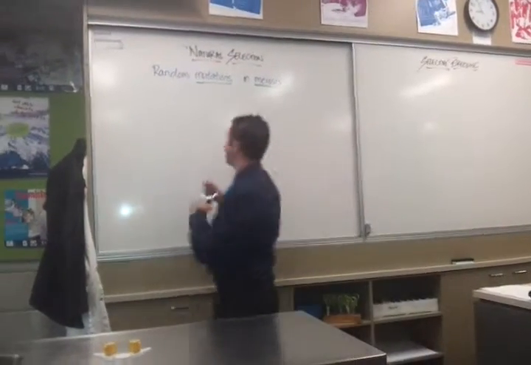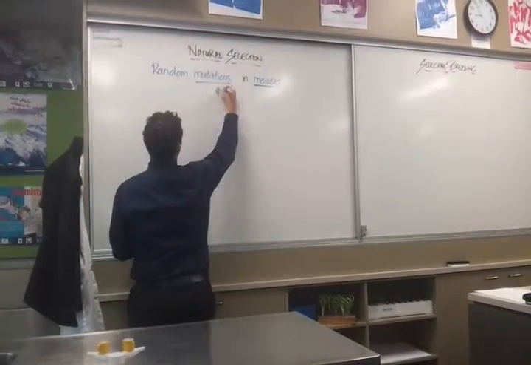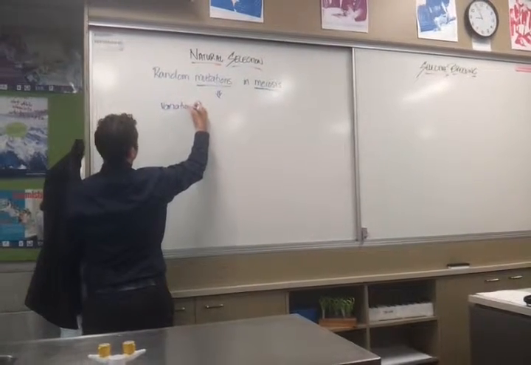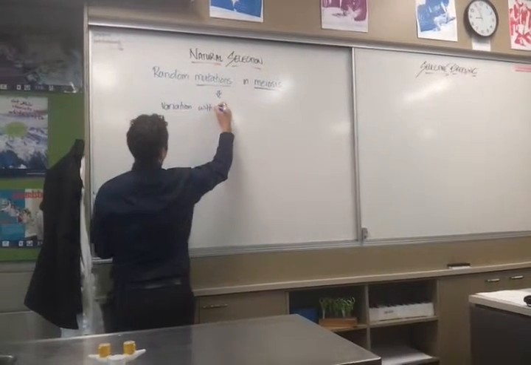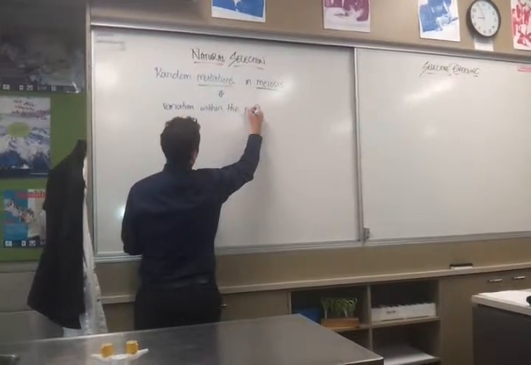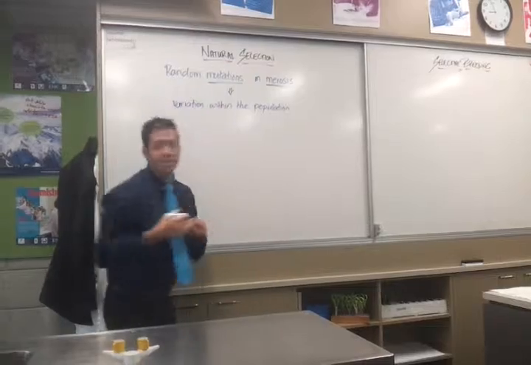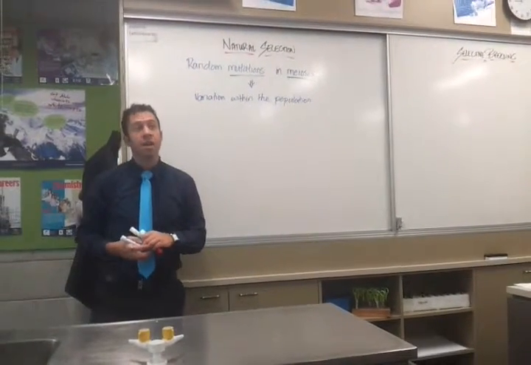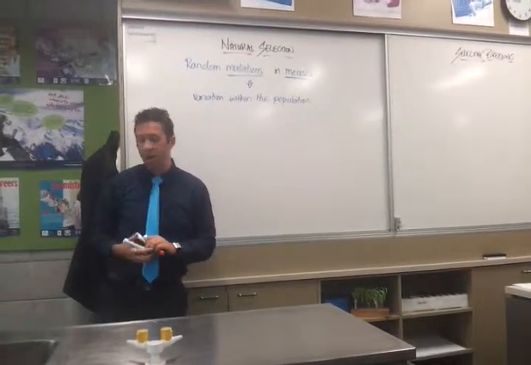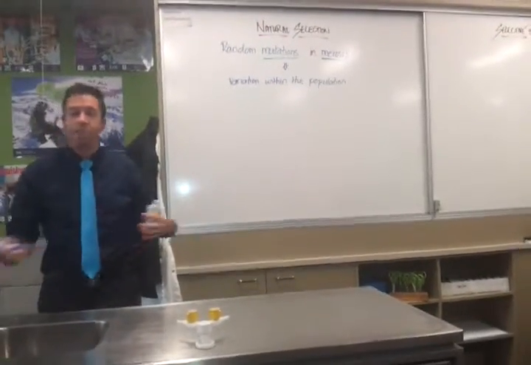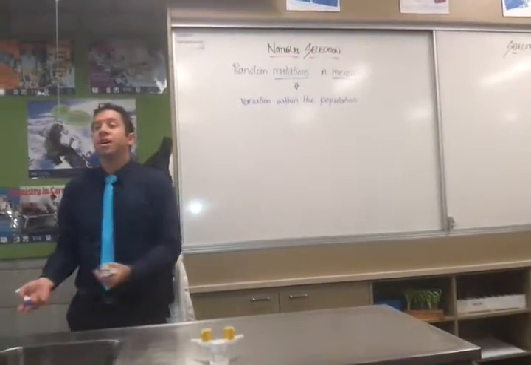Alright, so this leads to variation within the population. So you've got a variety of new characteristics. The only way that you can actually see a mutation is if new what are formed?